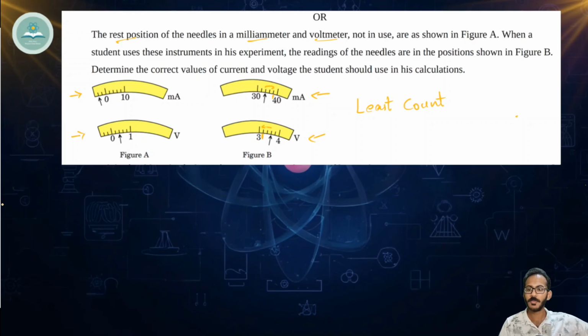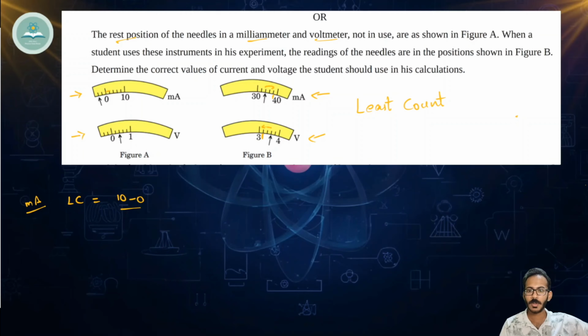Okay. Now before doing all that, let's find out the least count of these. So first of all, let me find out the least count of milliammeter. In milliammeter, least count is equal to, let's see what is the gap between two readings. Here we have 0, afterwards we have 10. So the difference between them is 10 minus 0 divided by how many gaps are there?